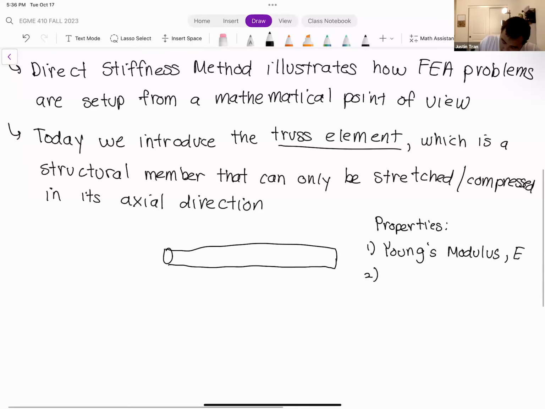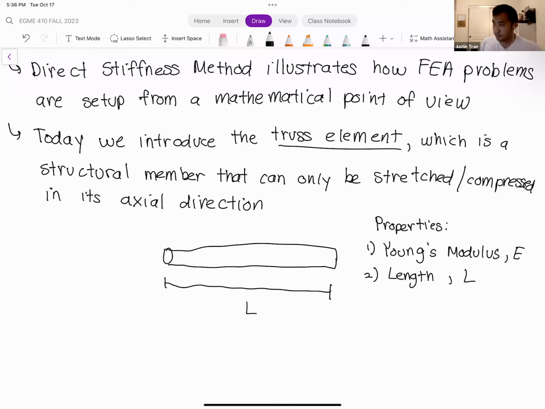We have the overall length of the rod, which we call L. And number three, we have its cross-sectional area, which we call A. The cross-sectional area is the area of the cross-section. We're going to assume that all of our truss elements have a uniform cross-section, the same cross-sectional area throughout.